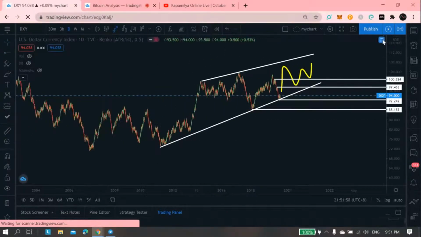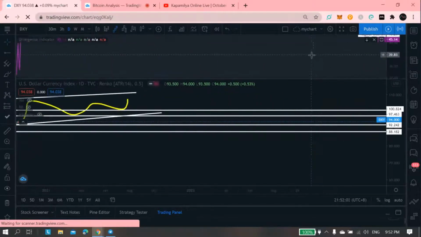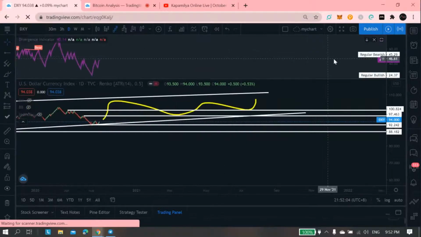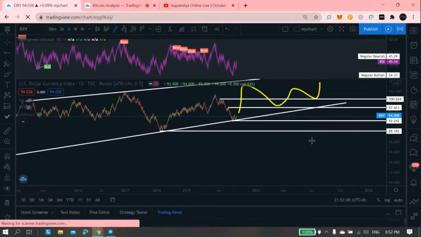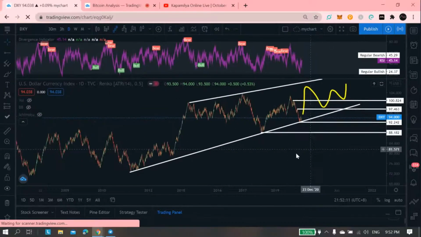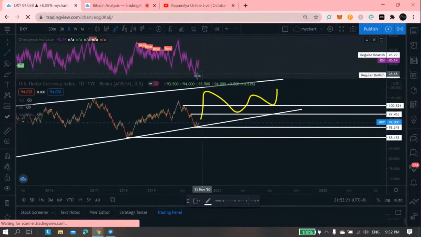Wait, let's add the divergence indicator. The divergence indicator is currently going up. So there's a possibility that it will retest the 97 area, in my opinion. Still trending higher.